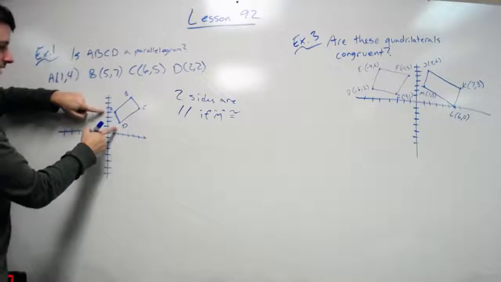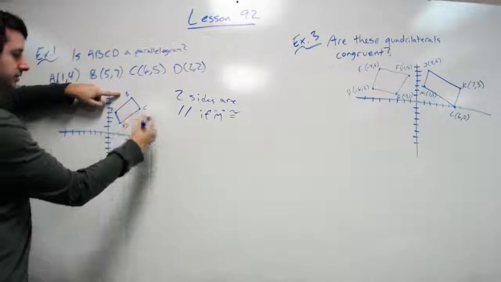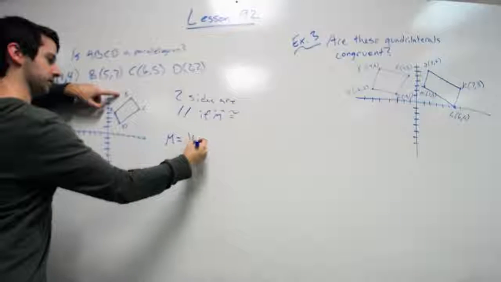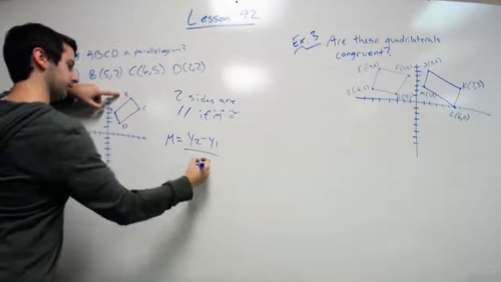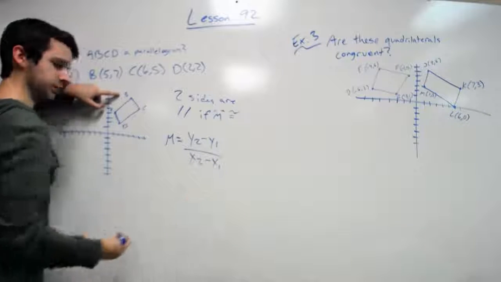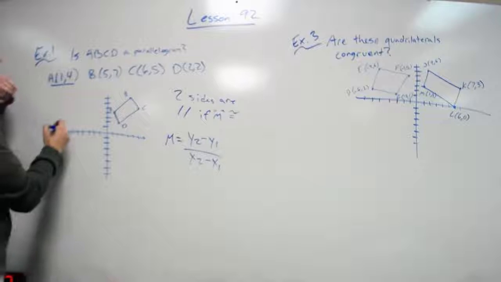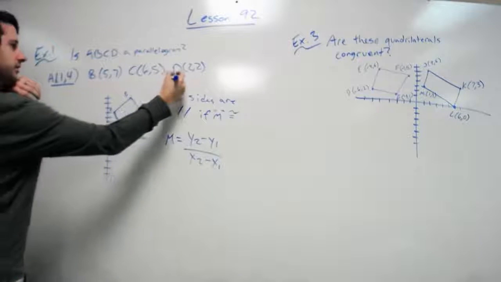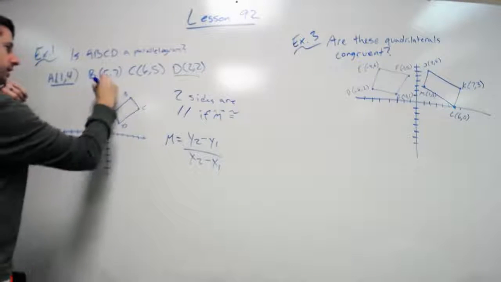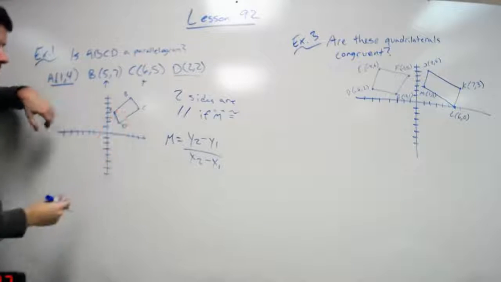So I'm going to look at AD and BC. Now the slope formula is y2 minus y1 over x2 minus x1, because we're doing rise over run. So I'm going to isolate A, D, and then I'll put arrows for B, C, so I know what's different.